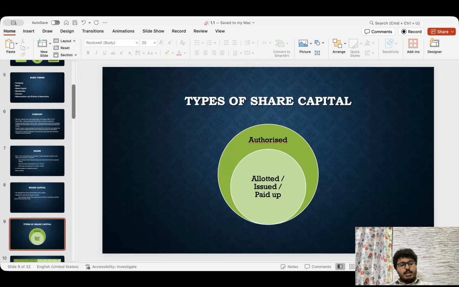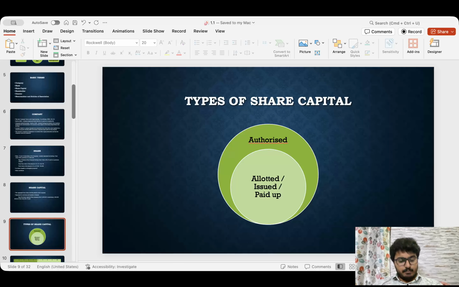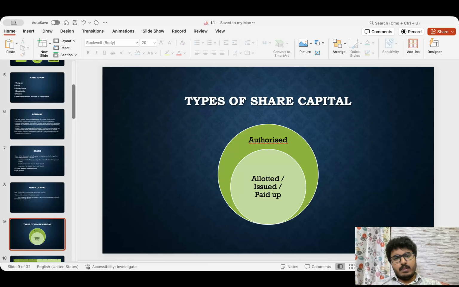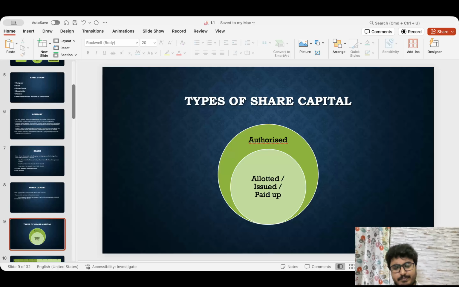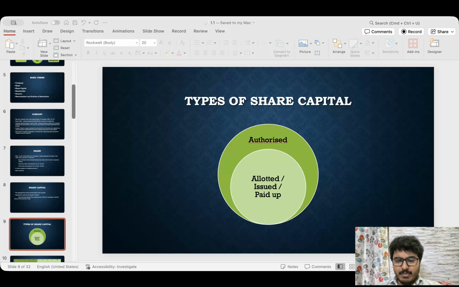Now, types of share capital. The first is the authorized capital, which is the amount permitted by the Registrar of Companies. Under authorized share capital, the amount of capital which the company issues to collect capital from the public is the issued capital.